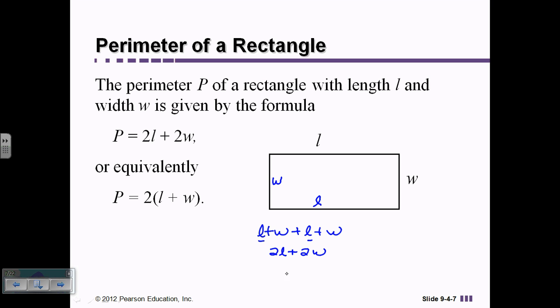And if we factor out that common 2, that's where they come up with the formula 2 parentheses L plus W. So either one of these formulas that you see here can be used to calculate the perimeter of a rectangle.